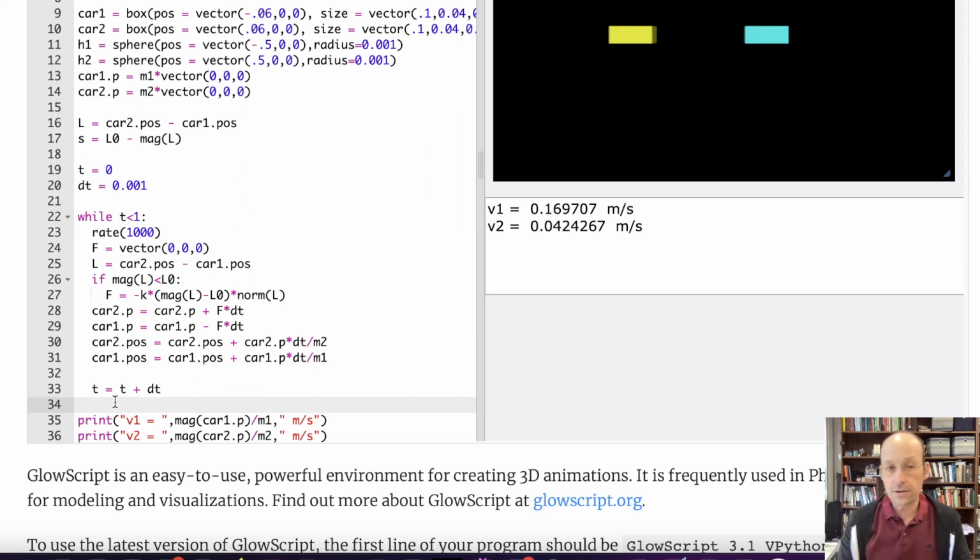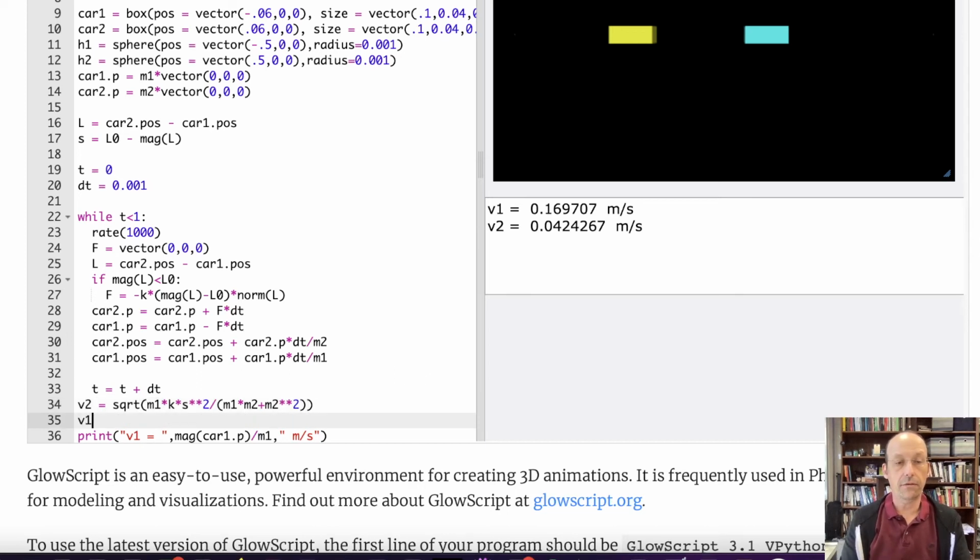Okay, so let's calculate V2. I can call it V2 because I didn't use V2. V2 equals the square root of m1 times k times s squared divided by m1 times m2 plus m2 squared.